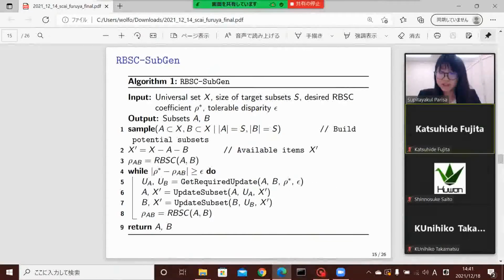So here is pseudocode for the algorithm that I have described. We build the potential subset, compute the RBSC coefficient, and then check the condition. If it reaches the desired RBSC coefficient, we just stop. But if not, we update again and again until we get the output.